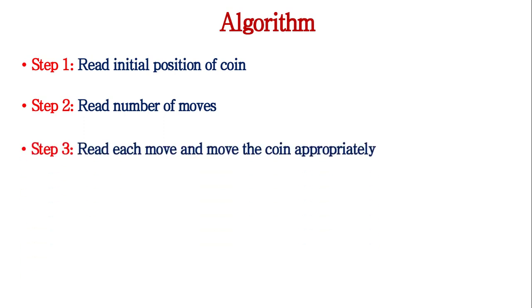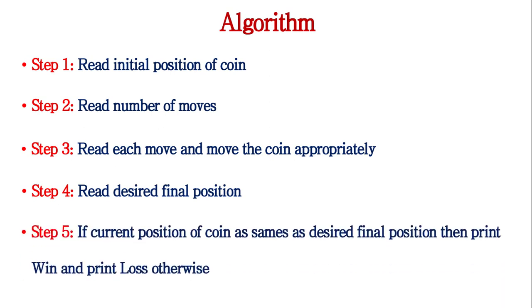So read each move and move the coin appropriately. Then you will read the desired final position. After reading the final position, you check whether the current position of the coin, after making those many moves, is the same as the desired final position. If it is, then you print win, otherwise you print loss.